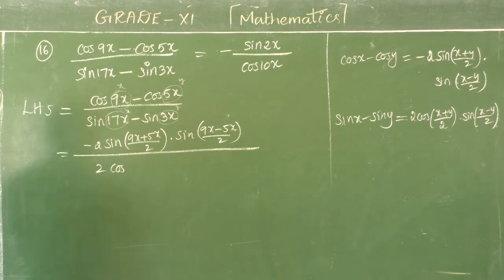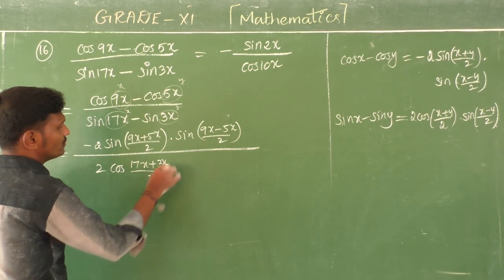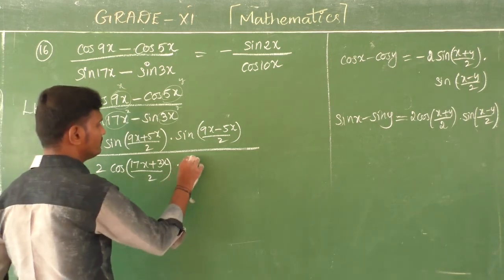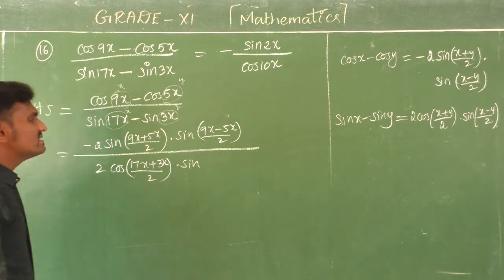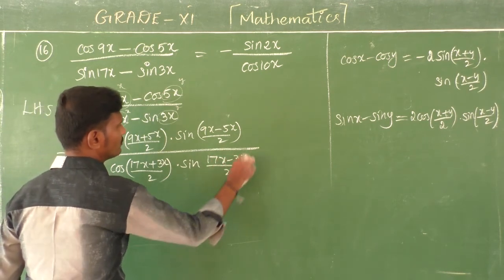So x plus y by 2 is (17x plus 3x) by 2, into sin (17x minus 3x) by 2.